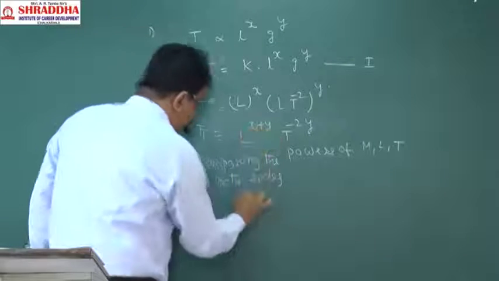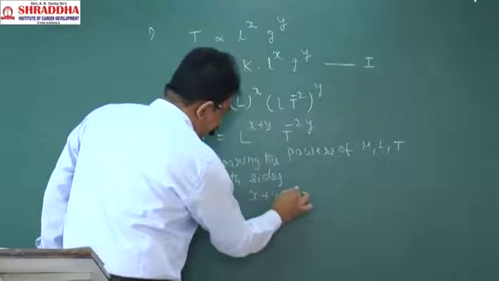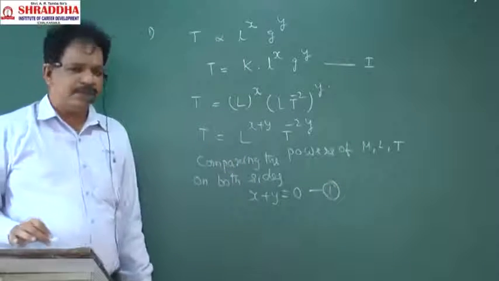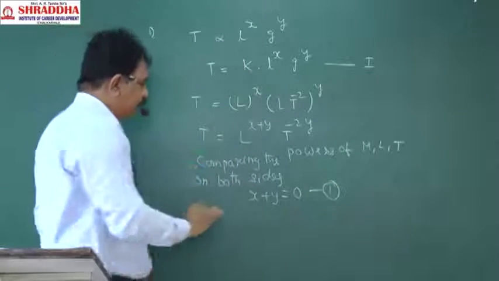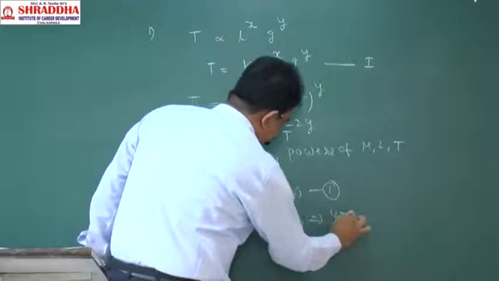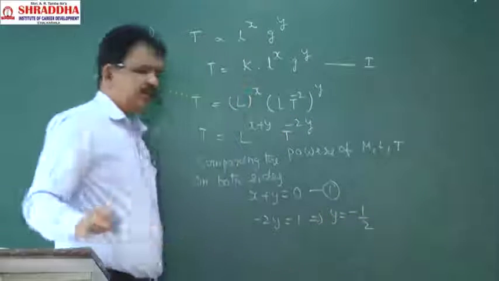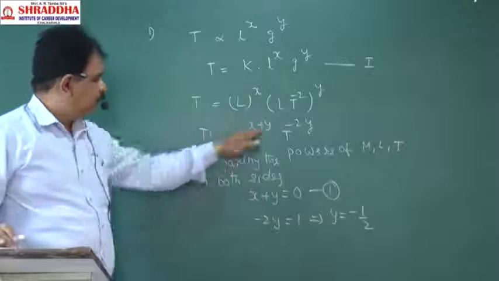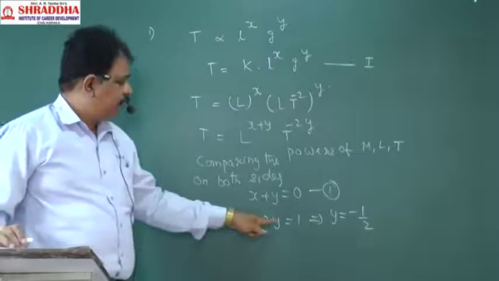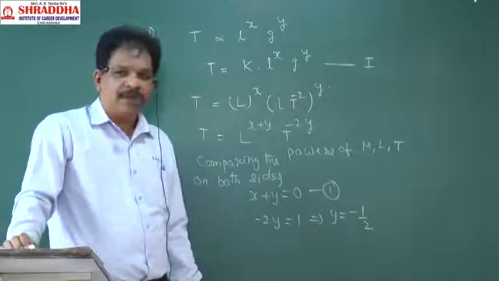Here L power x plus y is there; this side L is not there, so x plus y is 0. Minus 2y is equal to 1, because here T power 1 is there. Then y is equal to minus 1 by 2.